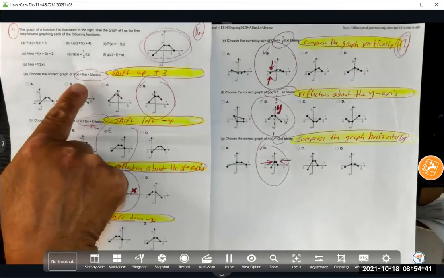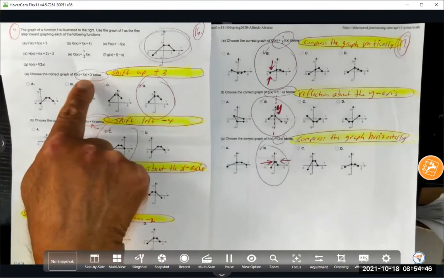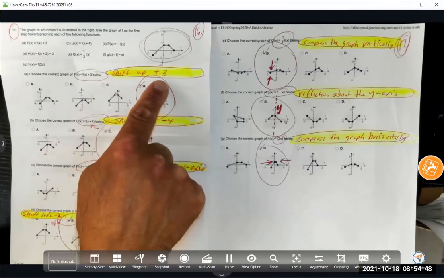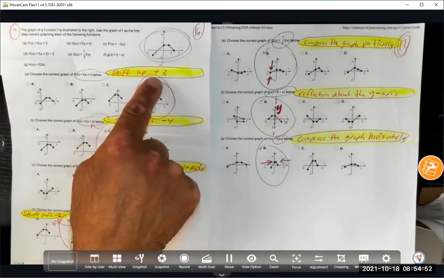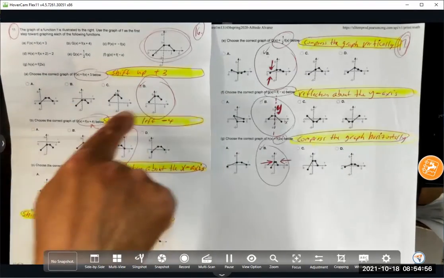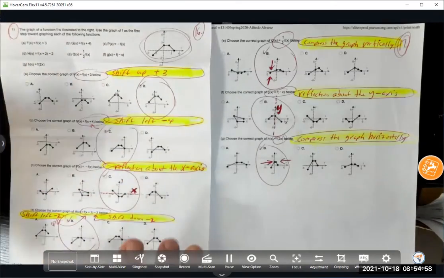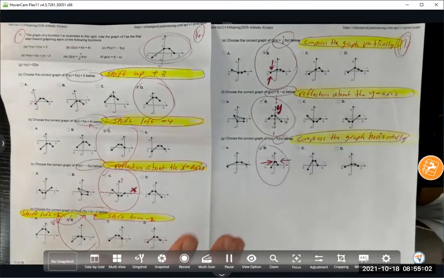It says plus 3. What did he do? He shifted it up 3 spaces. Oh, mine says plus 5. Shifted up 5 spaces. No, mine has a negative 3. Okay, we shifted down 3 spaces. You see what I'm saying? You can look at the picture for letter A for number 11, and you're gonna follow what I did. Does that make sense? Yes or no?